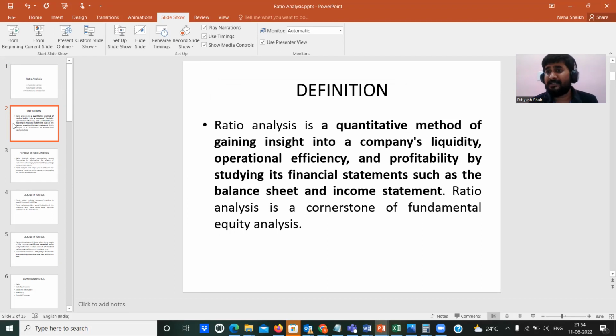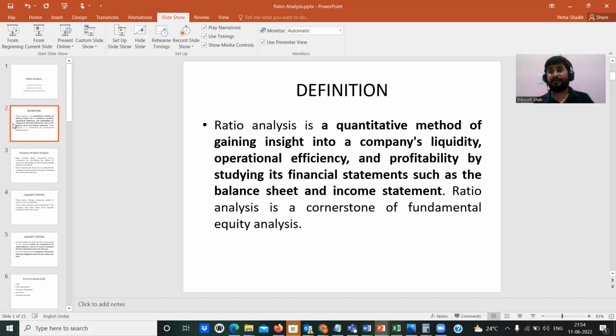Ratio analysis is a quantitative method of gaining insight into a company's liquidity, operational efficiency, and profitability by studying its financial statements. It basically says that it is a quantitative method.